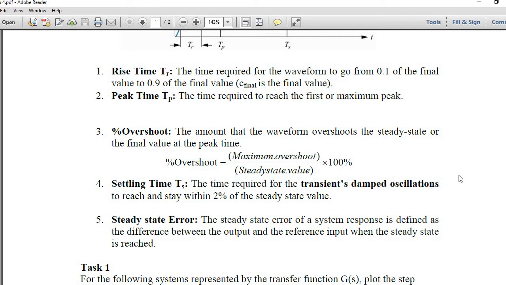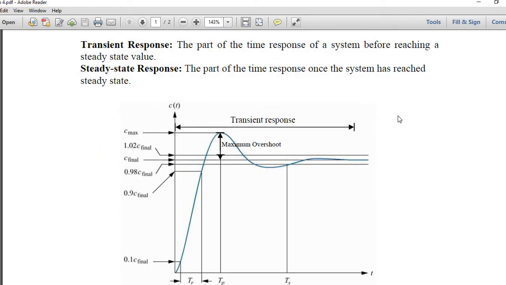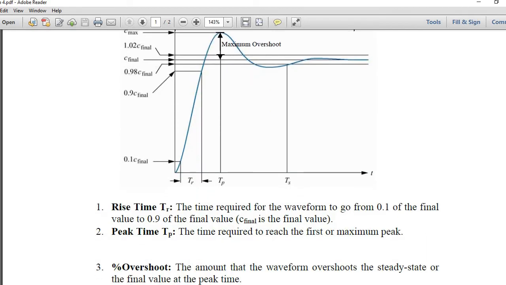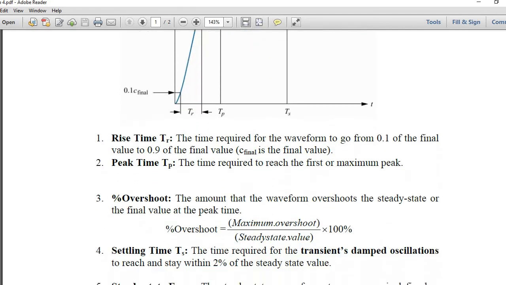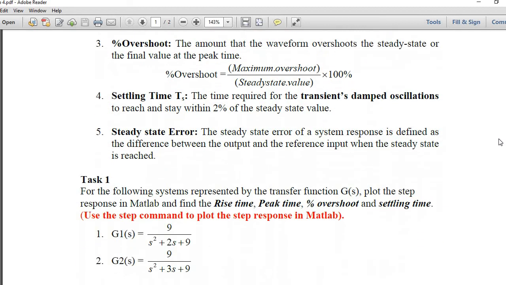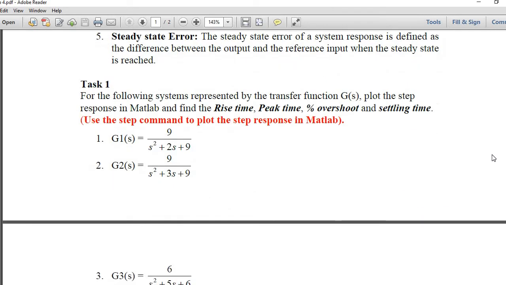After the settling time, look here, there is some error, which we call steady state error. Now these are some properties of a dynamic system, and we normally use the second order system to represent these properties.